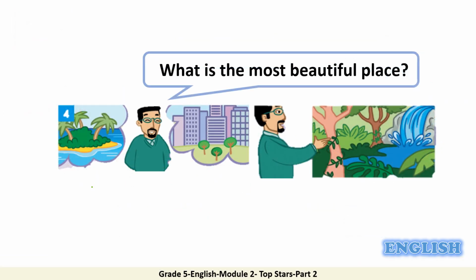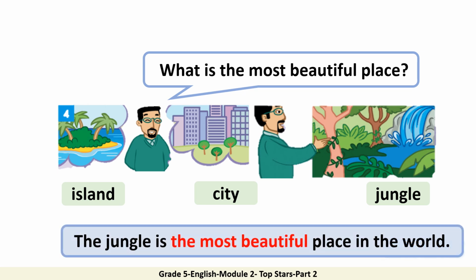In these two pictures, the teacher asked, what is the most beautiful place? Is it an island, a city, or a jungle? Well done! The jungle is the most beautiful place in the world. Now look at the adjective beautiful.